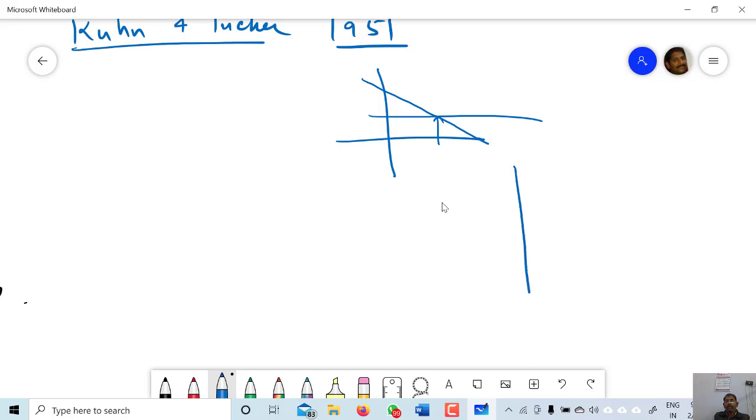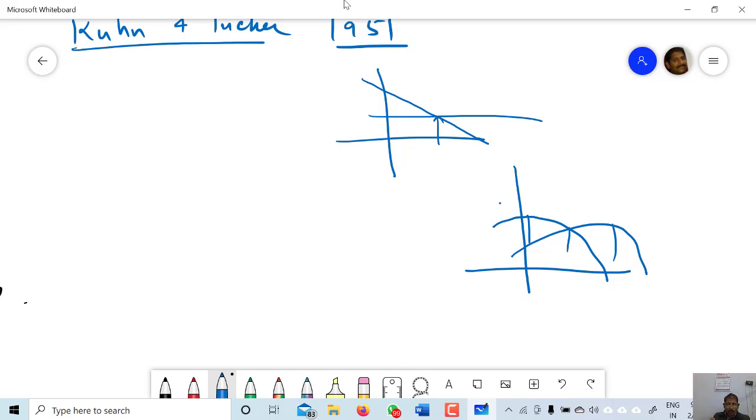But if the shape of this function is non-linear, it will be very difficult to say at what point its value will be optimum, because the optimum value may be at this point, or at this point too. So we have to take this thing into consideration.